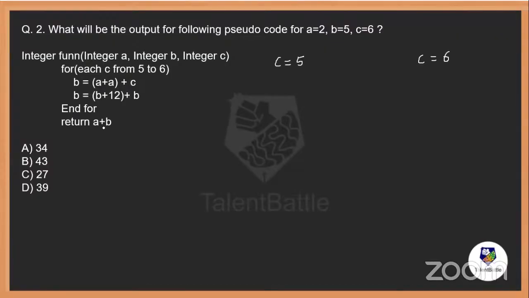Once your for loop is completely done, the value of B will be modified because both the statements are targeting the value of B. And according to that, we will get the results of A plus B. Right? Now go one by one. Try to solve the question. Take the first iteration where the value of C is equal to 5, as per the for loop.